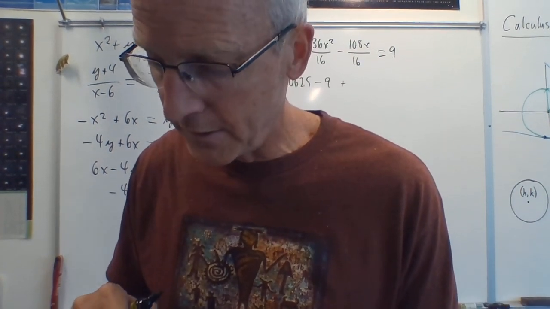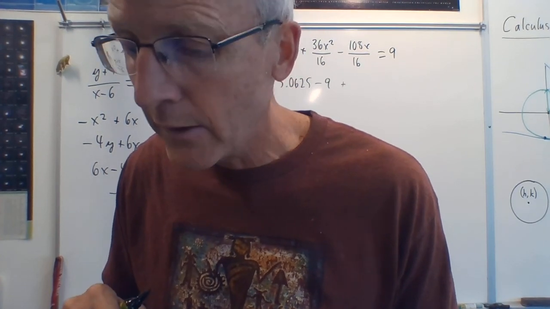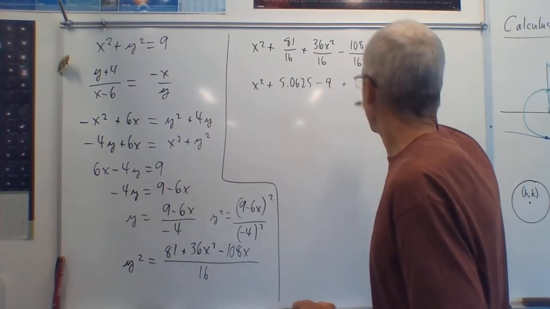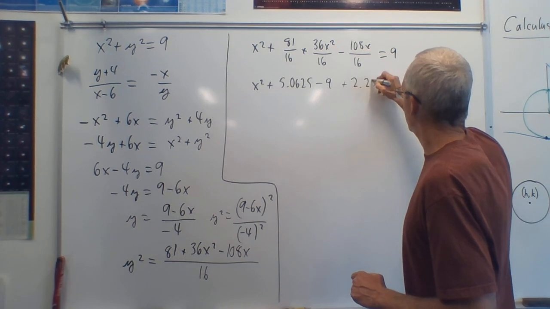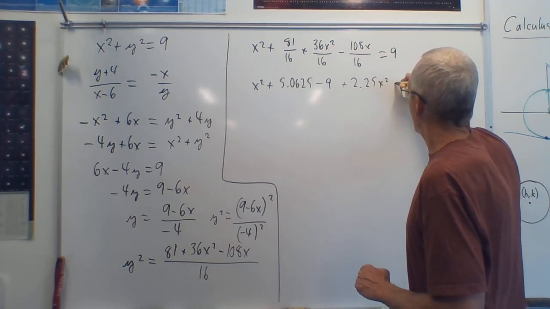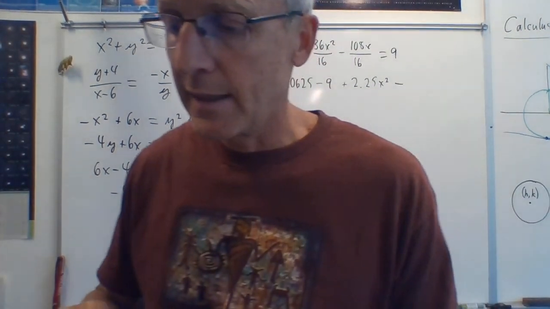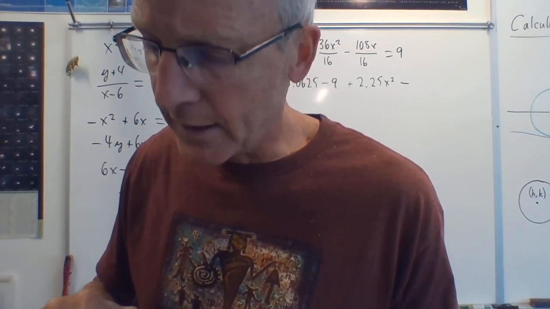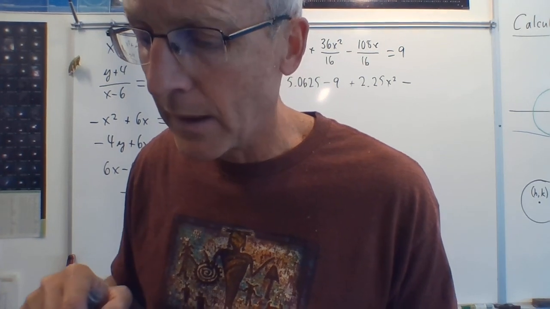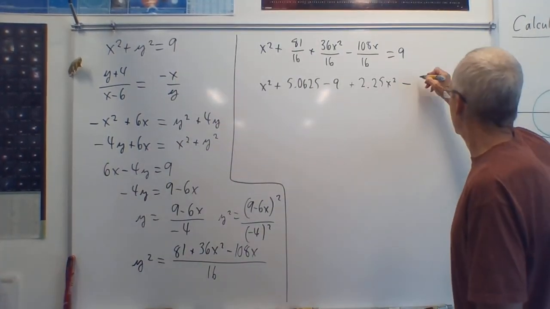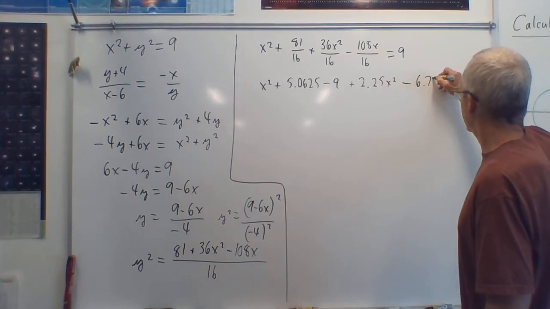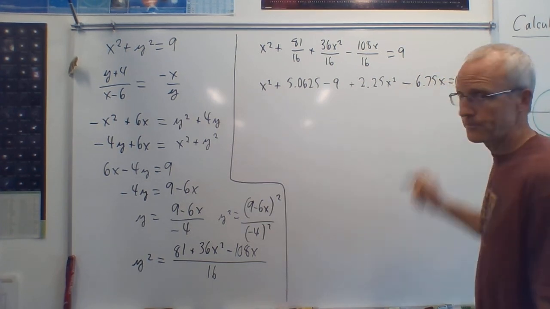So we have more x squareds. 36 divided by 16, that's 2.25, plus 2.25 x squareds minus 108 divided by 16 x's. Is that a nice number? Sounds like it might be a nice number. Divided by 16, 6.75. Not too bad. Minus 6.75x is equal to 0.